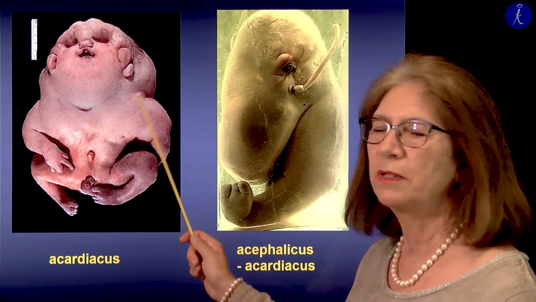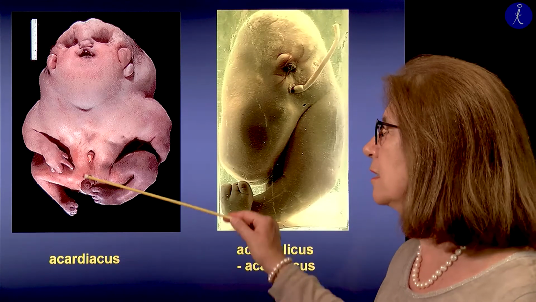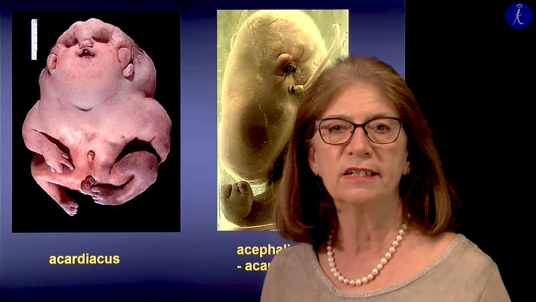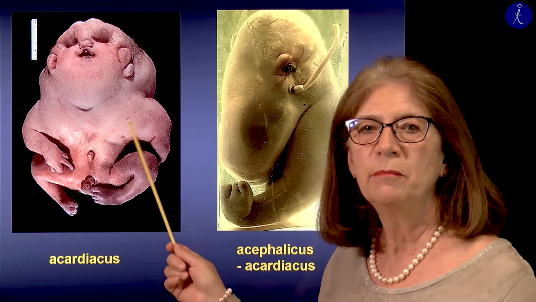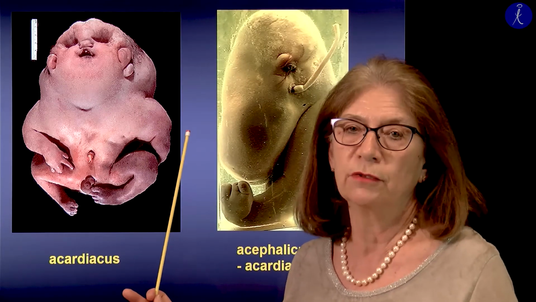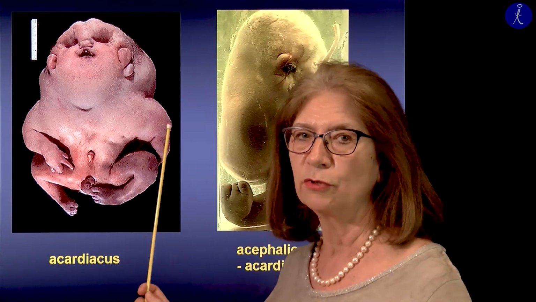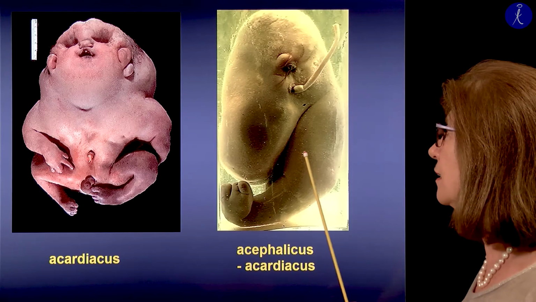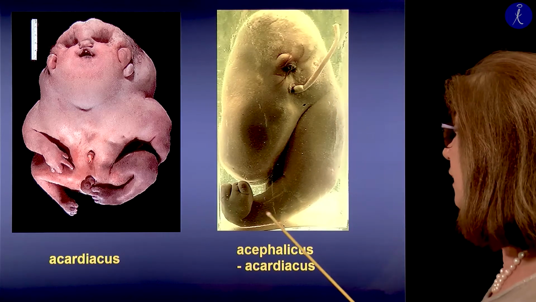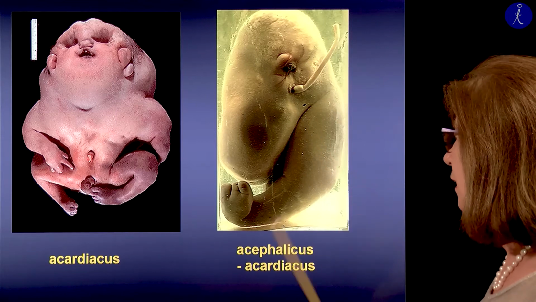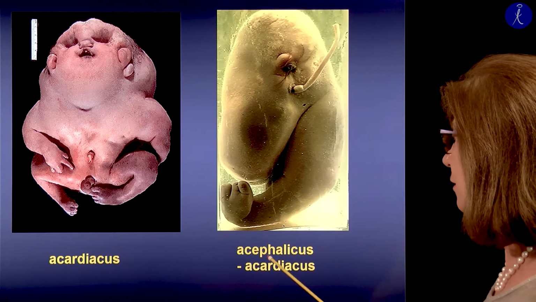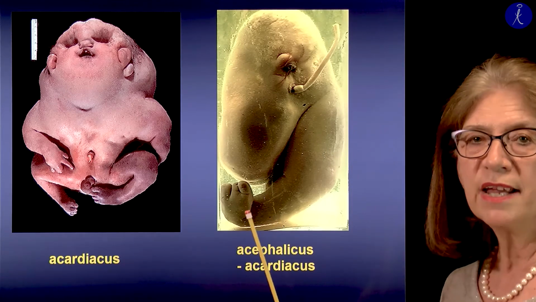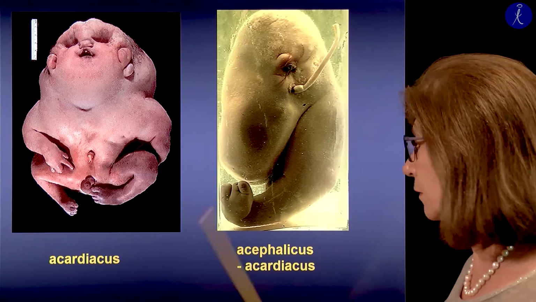It may also happen that the heart doesn't develop, and this tissue mass has body parts similar to human body parts, but doesn't have a heart, so it cannot function, of course, and this kind of malformation is not compatible with life. If the case is even worse, then not even an entire body, just certain body parts develop. This is Acephalus acardiacus, it doesn't have a heart and doesn't have a head, brain, of course, and doesn't even have the limbs.